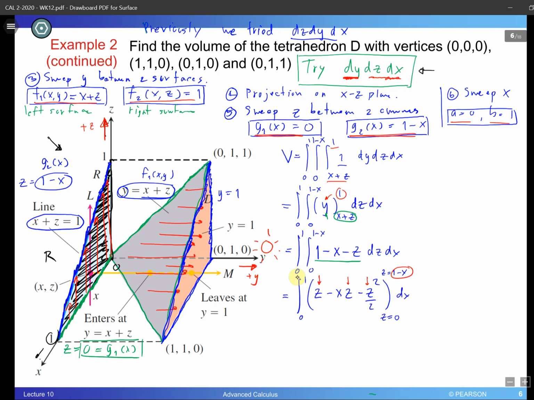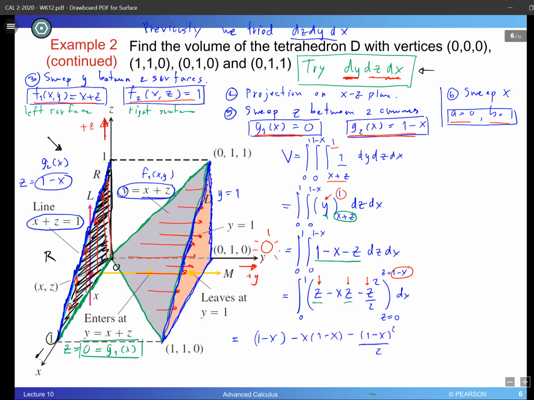Equal to, first term goes in, we have this 1 minus x. Now second term, it's going to be minus x times 1 minus x. Now last term, minus z squared over 2, it's going to be 1 minus x squared over 2.